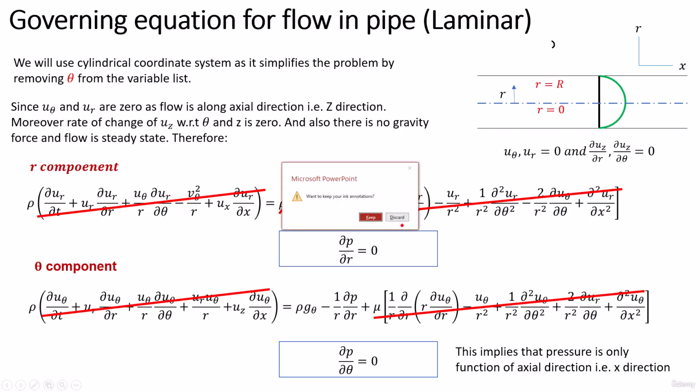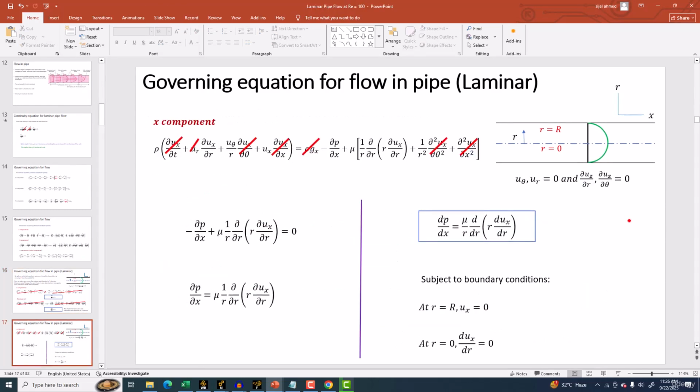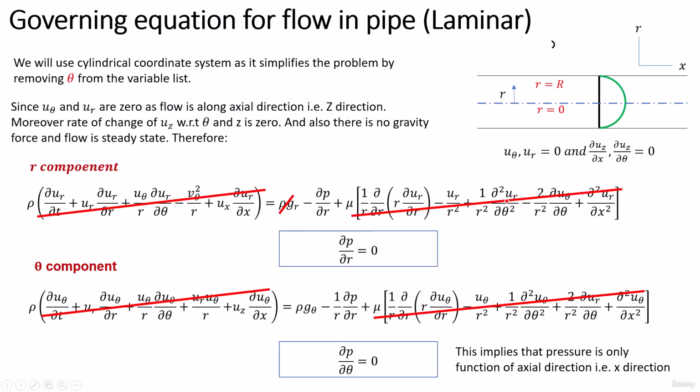It should be x here, the axial direction, and theta also, but not the radial. So x or z, whatever you take, is the axial direction.